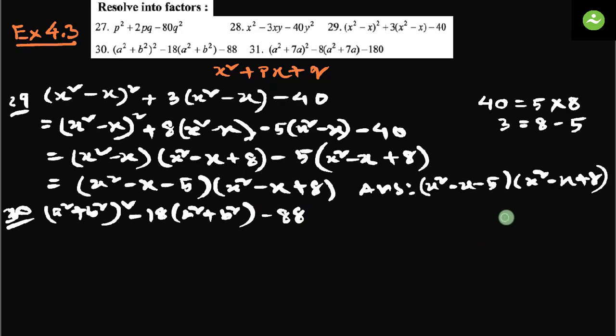So Q is 88 and P is minus 18. Let us select two factors. How about 22 and 4? 22 and 4.